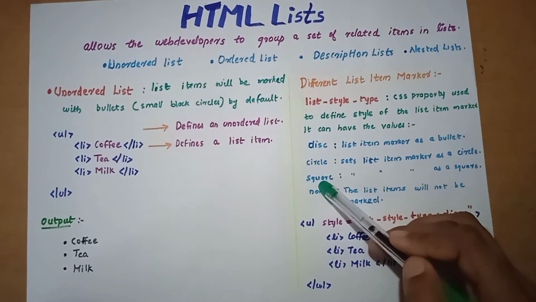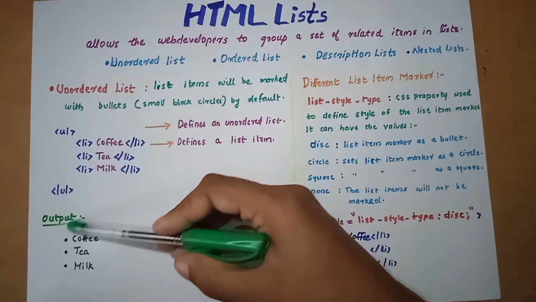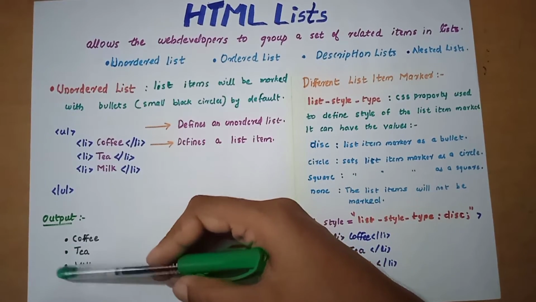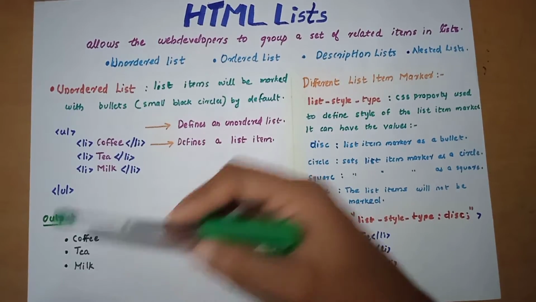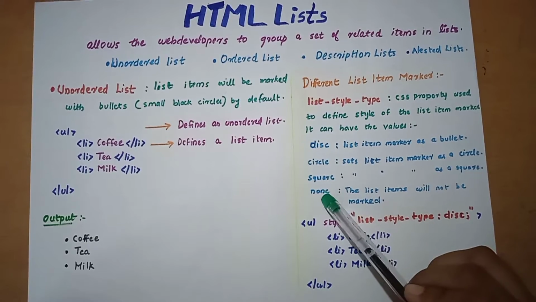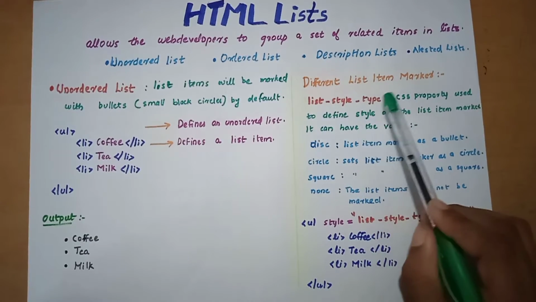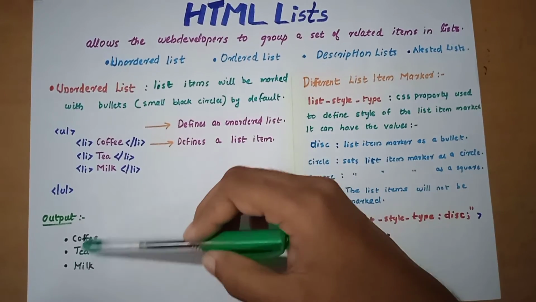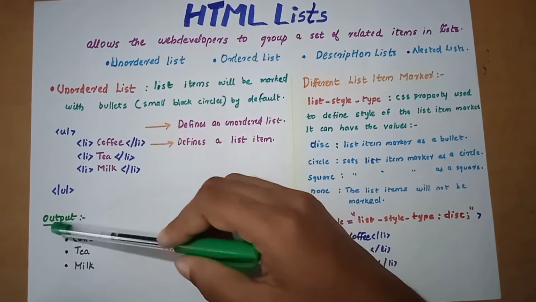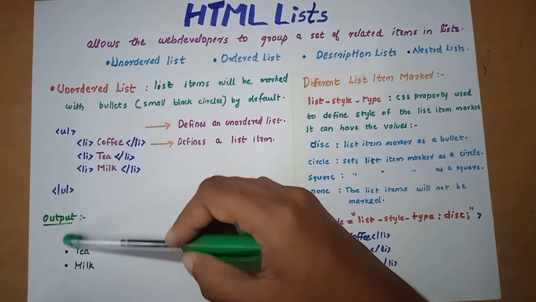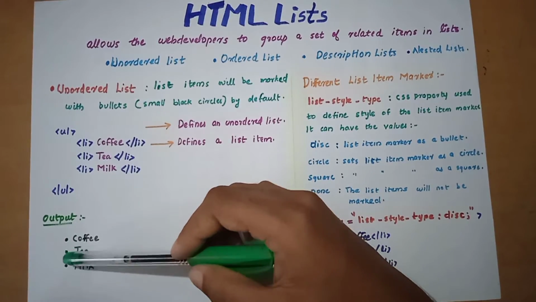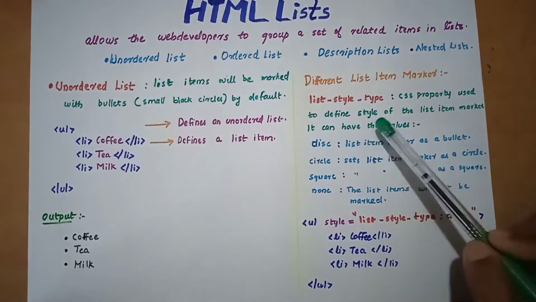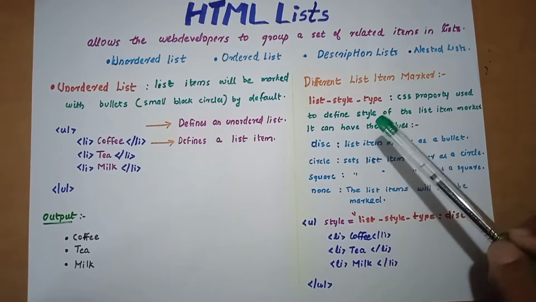So square, with that we can change these rounds or bullets into square shapes. That's it. Like that, if we use list-style-type equal to none, we can simply write these items only. It doesn't have any kind of markers like these bullets, squares, discs, rectangles, or any of these things.